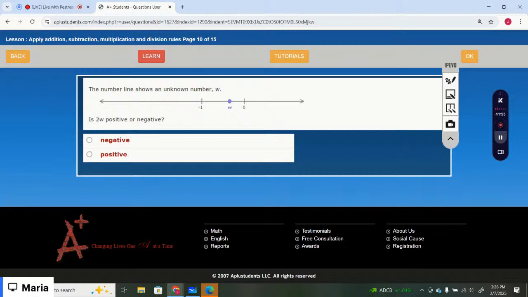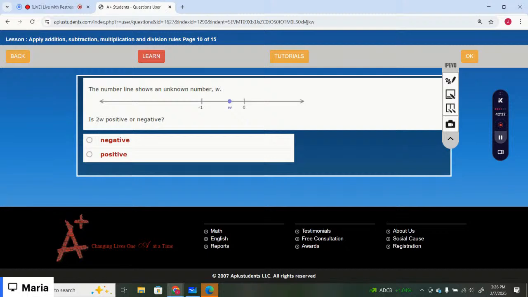The number line shows an unknown number W. Is 2W positive or negative? W is on the left hand side of 0.